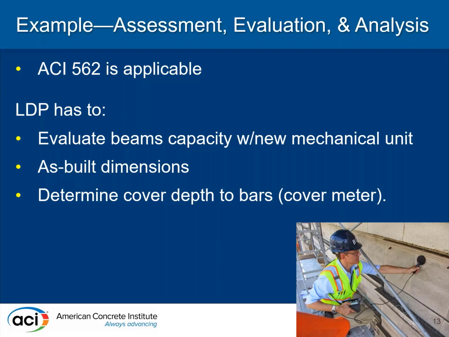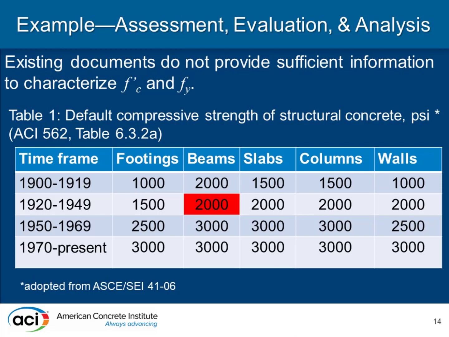To evaluate the cover to the reinforcing steel, as well as confirm the reinforcing steel dimensions themselves, some complementary excavations are typically conducted to provide a basis for calibrating the cover depth with a cover meter. As mentioned, the existing documents in this example do not provide sufficient information to characterize the equivalent concrete strength or the yield strength that can be used for making calculations.